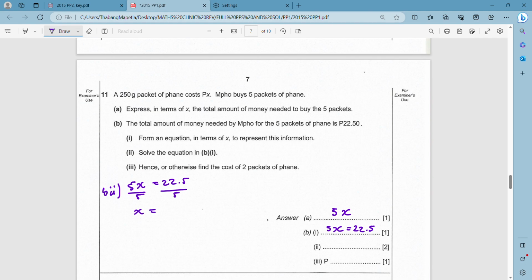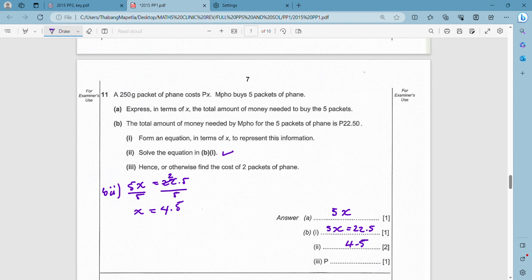Then X is equal to: 5 into 22 goes 4 times, remainder 2. Then a decimal, then 5 into 25 is 5. So therefore it's 4.5. Remember, I was answering the question which says solve the equation. It is not talking about money, so it's just maths. So it's going to be 4.5.